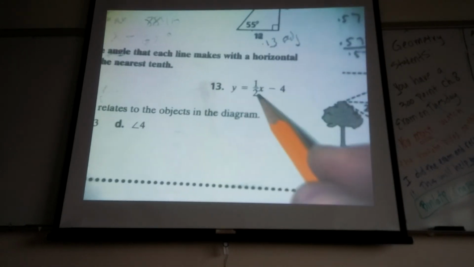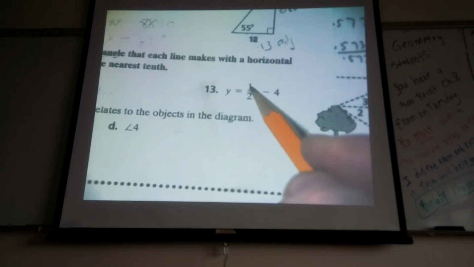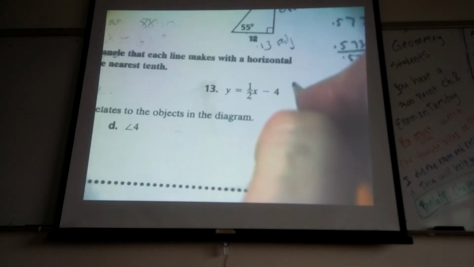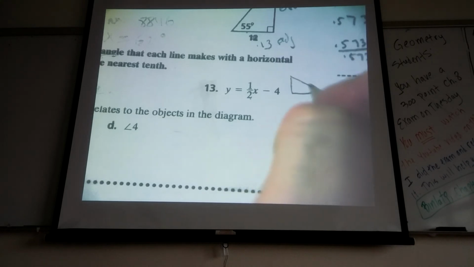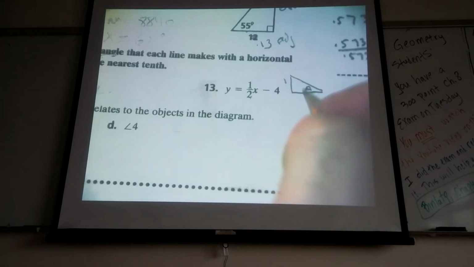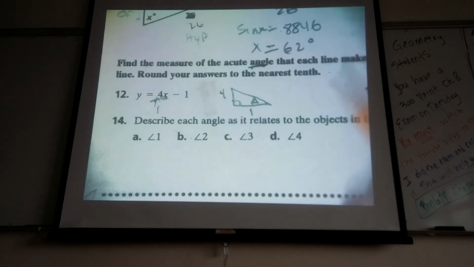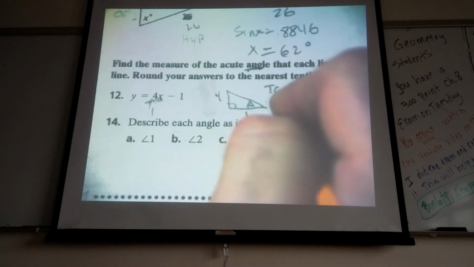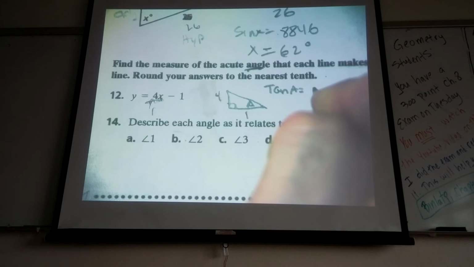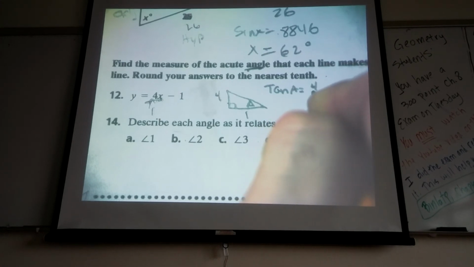Look at this one here. Opposite would be 1 and the adjacent would be 2. So here I'm looking at something like this. If this is A, this is 1 over 2. Let's go back to the first one here. So tangent of A is opposite over adjacent.